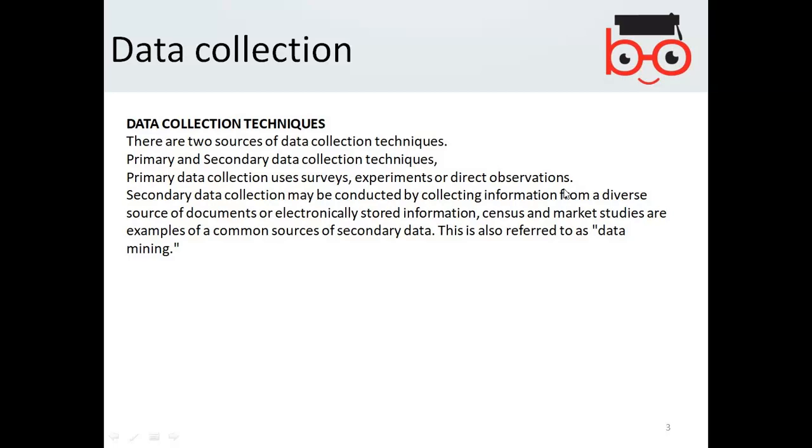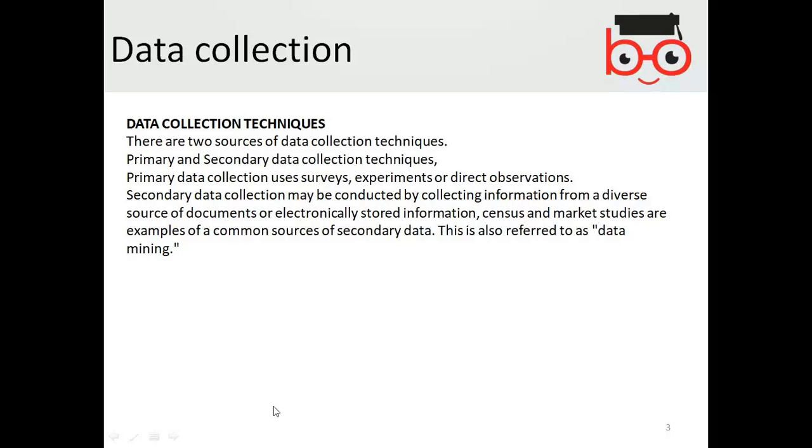When you talk about primary, it means you are collecting the data directly. When you talk about secondary data, it means you are using research that has already been done. So whatever you observe, whatever experiment you do, you get the data accordingly.